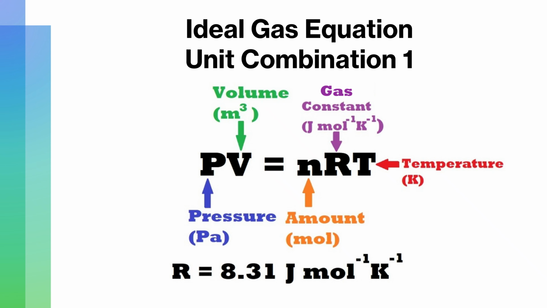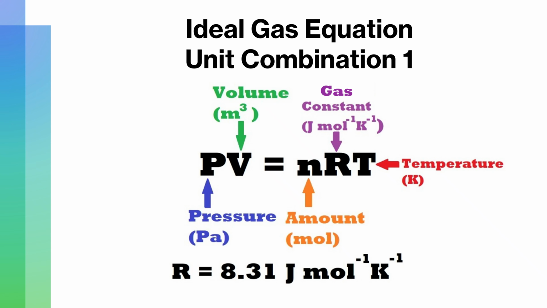Okay, so now we can see how the four variables and the gas constant are brought together to form the ideal gas equation. There's two sides of the equation separated by an equal sign. On the left side, we have pressure and volume, and on the right, we have amount in moles, the gas constant, and temperature.